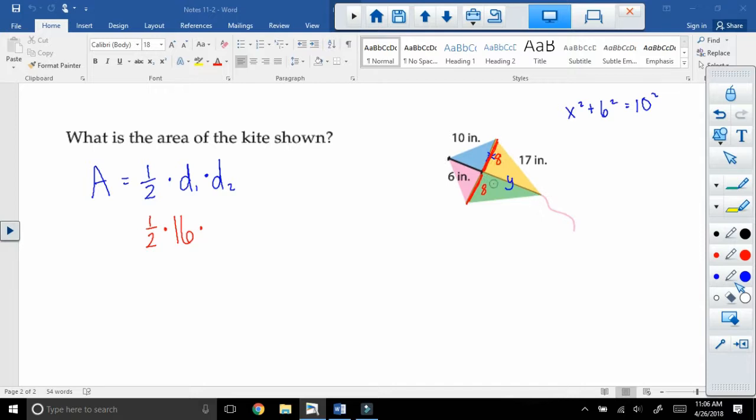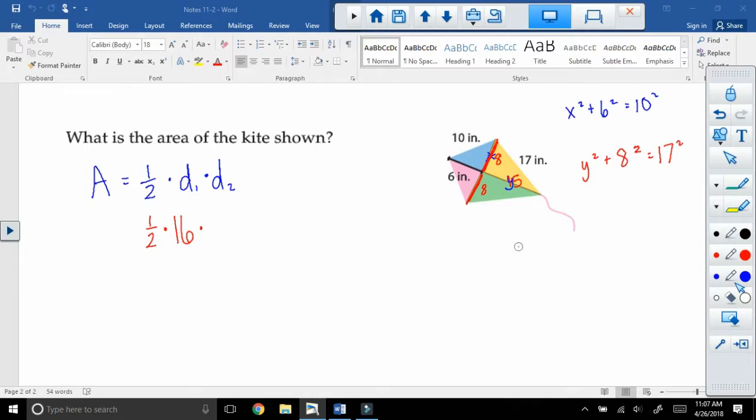And then I'm going to set this up with the Pythagorean theorem again as y squared plus 8 squared equals 17 squared. So y equals 15. Both of these were Pythagorean triples, and if you recognize those, they make things really quick.